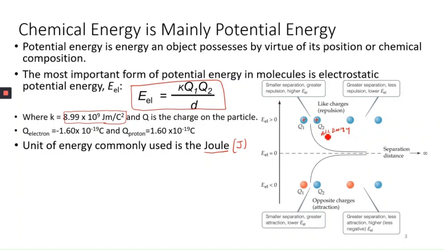Since we are adding energy, the energy value here is positive because energy is being put in. Say we have a proton and an electron, they are attracted to each other. So as they get close to each other, they're going to want to come together. And when they come together, they're going to release energy. And when you release energy, that is represented with a negative sign.